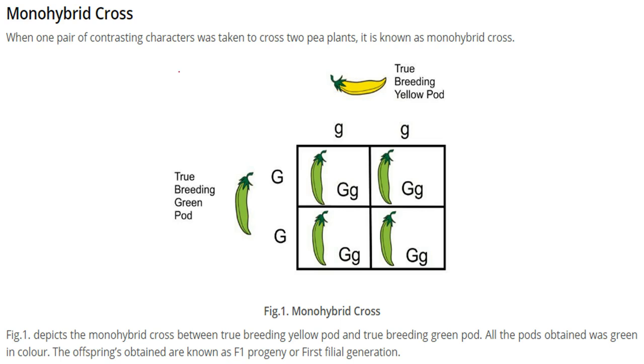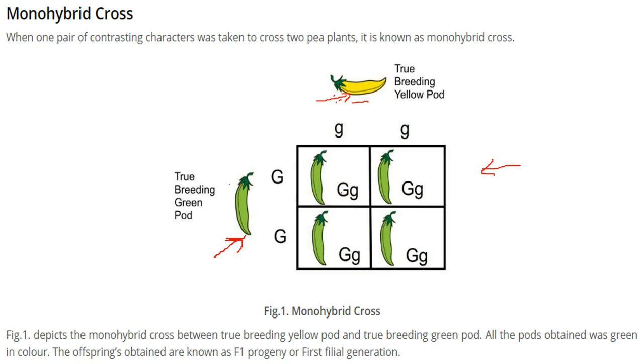Monohybrid crossing. One pair of contrasting characters was taken to cross 2 pea plants, and it was known as the monohybrid cross. If you see this figure closely, it shows a monohybrid cross between a true breeding yellow pod and a true breeding green pod.